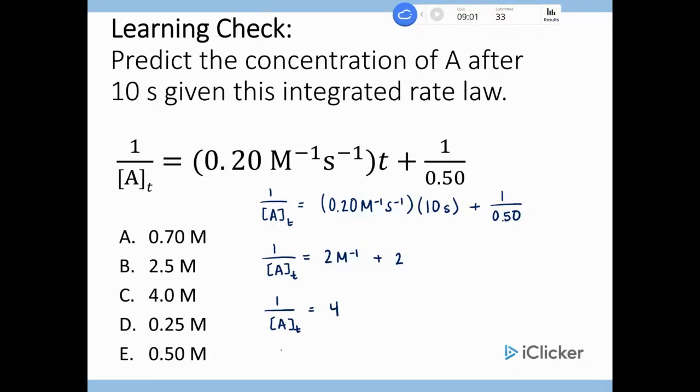So you could multiply both sides by concentration of A at time t and move it to the right, and then divide both sides by 4, and you'll have concentration of A at time t is equal to 0.25, 1/4. So that's D. Questions here?